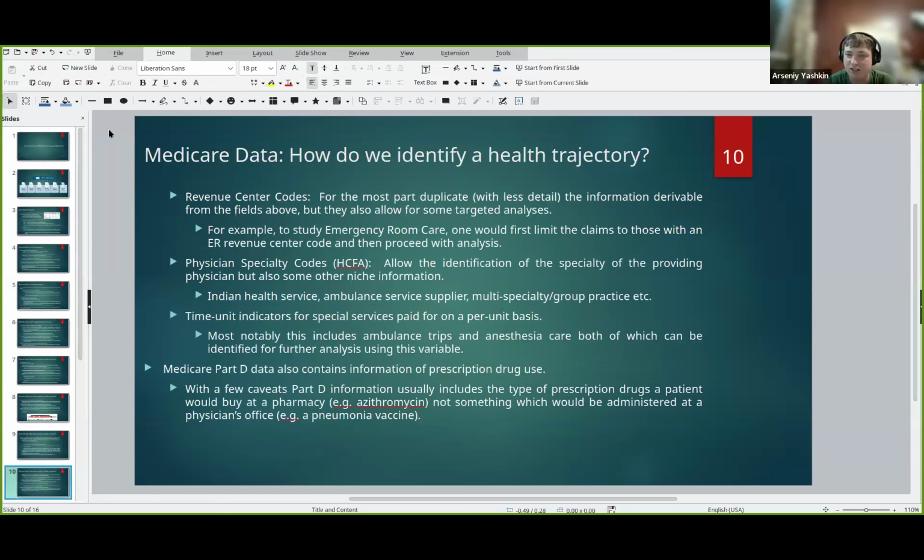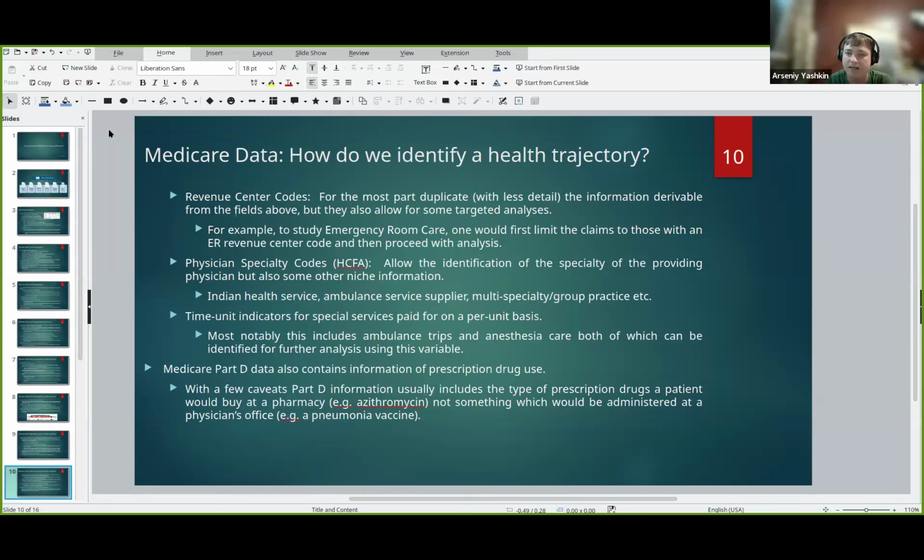We have physician specialty codes, which also allow you to study outcomes by physician specialty. We have time unit indicators. So if you want to learn about ambulance trips, anesthesia use, and I have papers on these, you can look them up by my last name. I'm not going to cite them here. But all of this is doable with Medicare data.